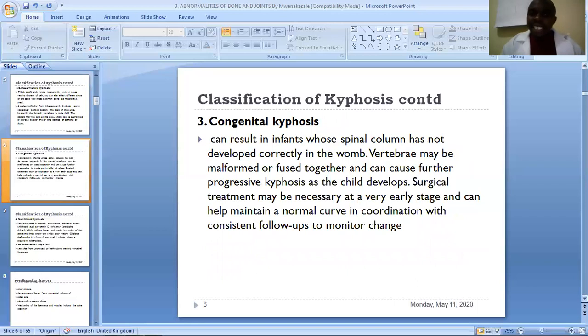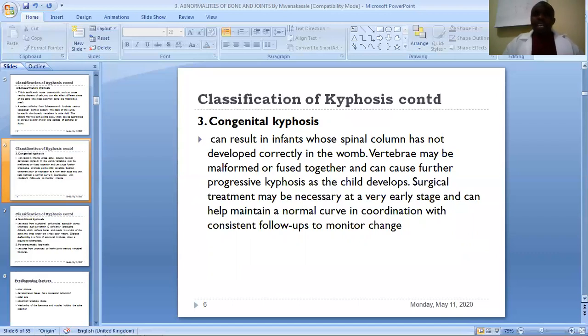The other classification of kyphosis is congenital kyphosis. This one, as the term says, means someone can be born with a defect in the spine, where there is a curve angle above 45 degrees.